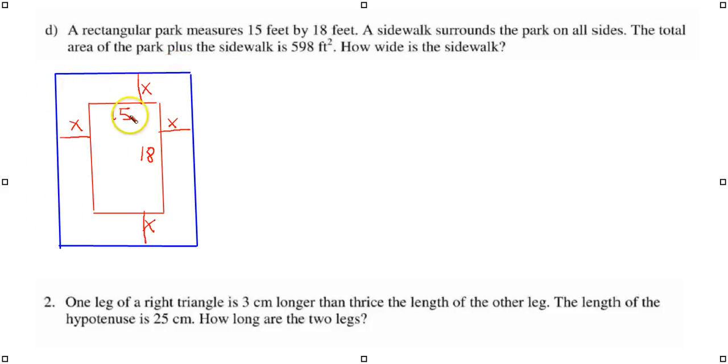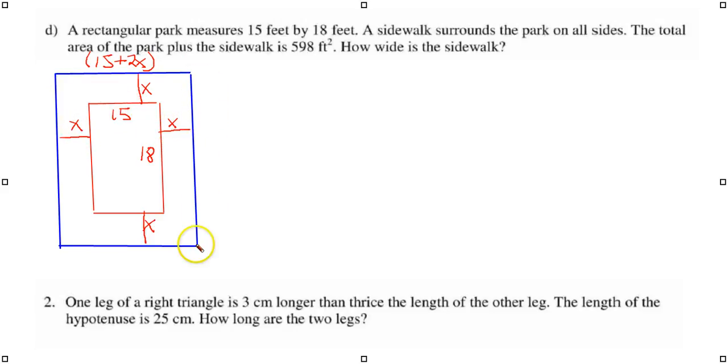Well, we know this part is 15, so this is going to be 15. Now, how many x's do we have? Plus 2x. So this is the width. It's this 15 plus this x plus this x.